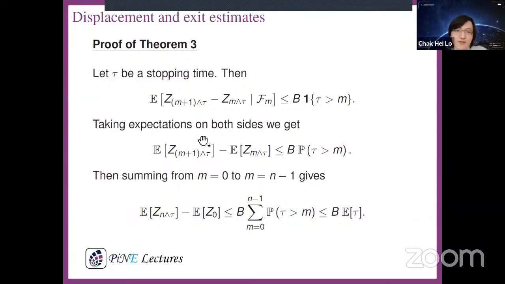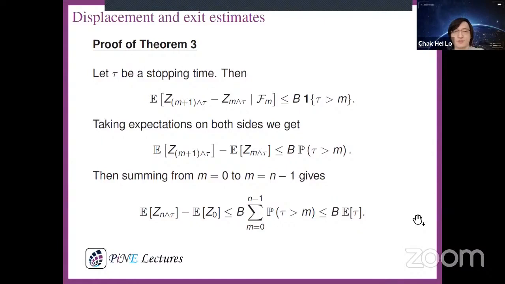All we are left with is the biggest term, which is the expectation of Z n wedge tau, minus the expectation of Z 0, which is the smallest one. Then we have the sum here. If you look at this sum, we can actually bound it by the expectation of tau, right?